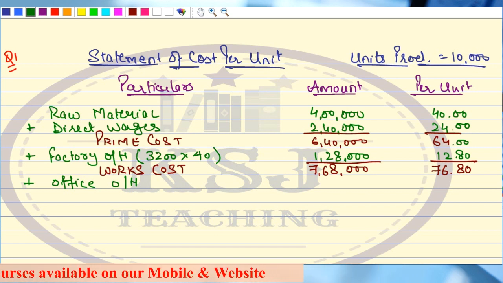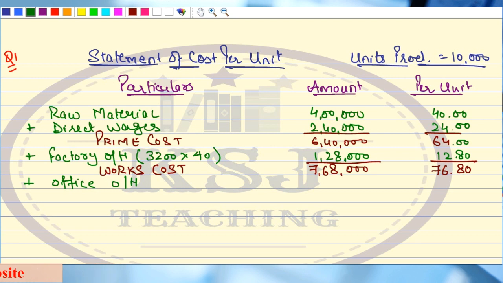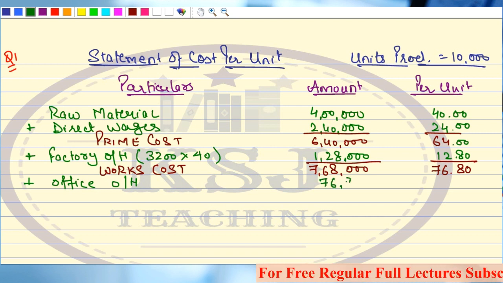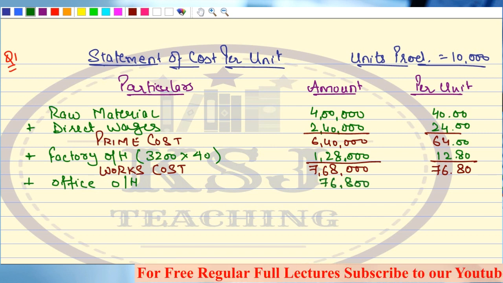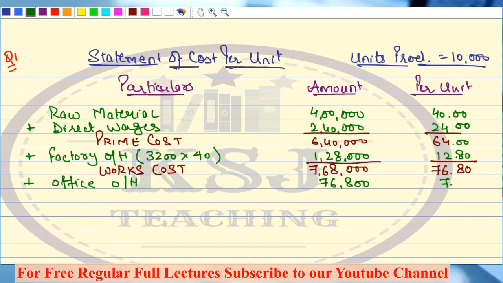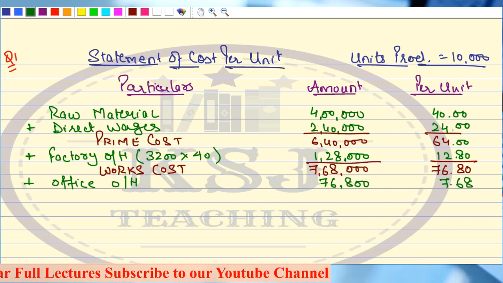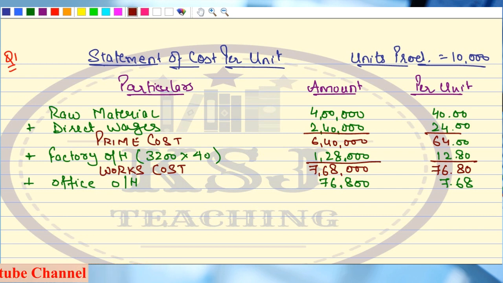How much? 10% of factory cost, that is 7,68,000 multiplied by 10%, 76,800, right? And the cost is 7.68. So from here I will get the cost of goods sold.